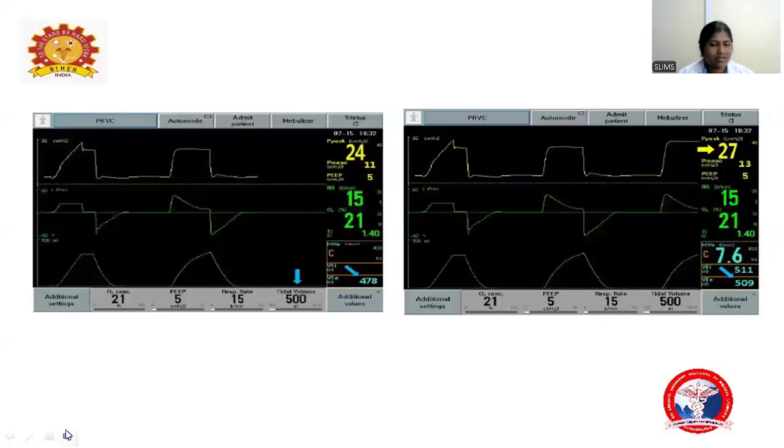In this breath, it is not sufficient for the patient to deliver the 500 ml, so it automatically increases the pressure. After increasing the pressure, the set tidal volume is achieved, from 478 to 509, which is almost equal to the set tidal volume.